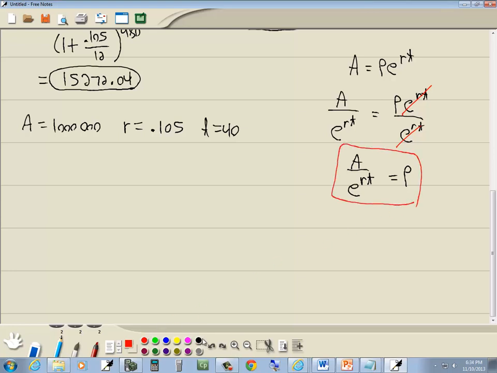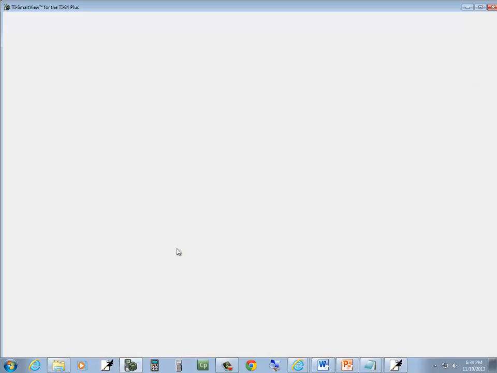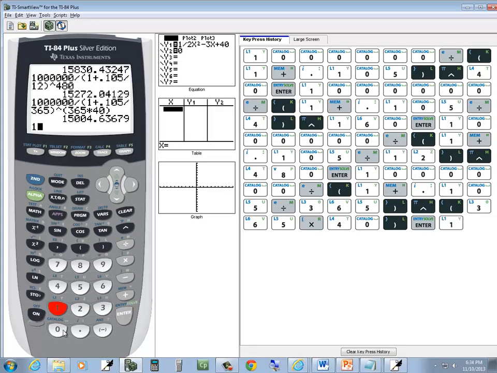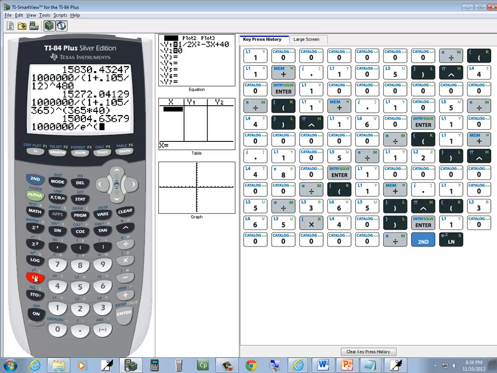So we'll plug in the numbers we just wrote down. We said A was 1 million, so I got 1 million divided by e to the RT. R is 0.105 times T, which is 40. When you plug this in, you don't want to put any extra parentheses in. So we'll do 1 million divided by e, which is second ln, second natural log.